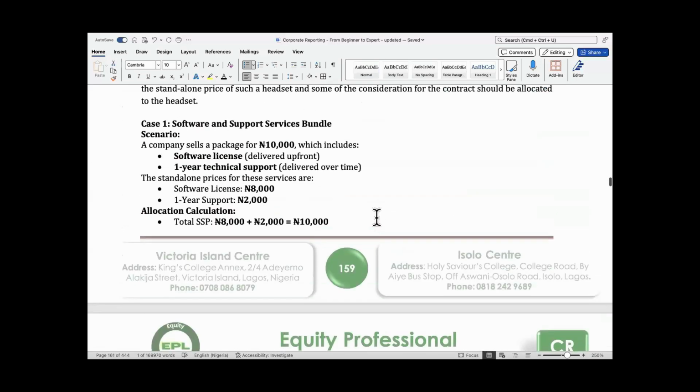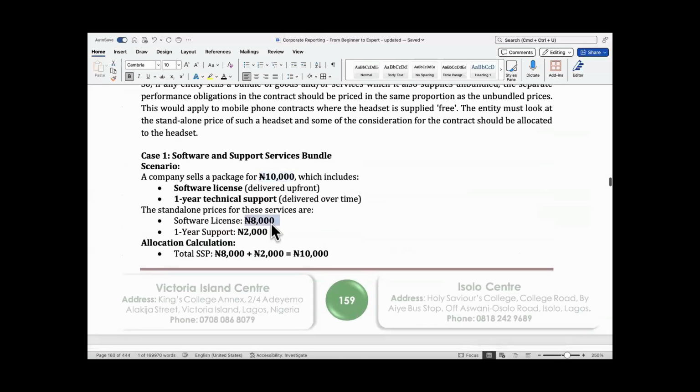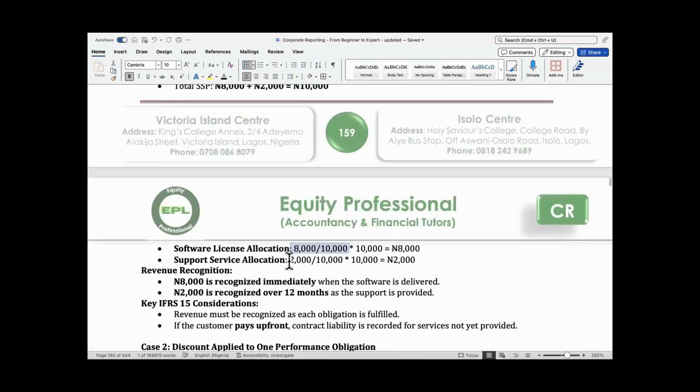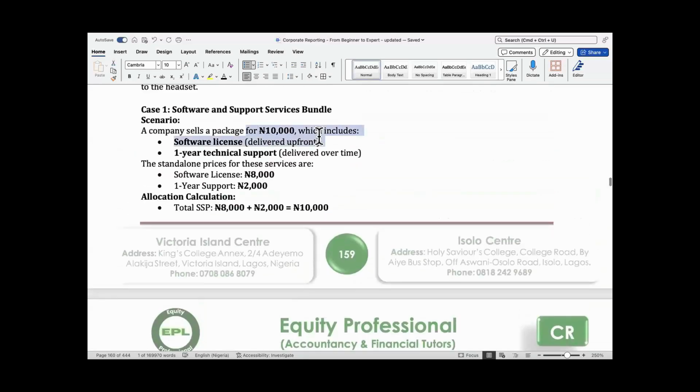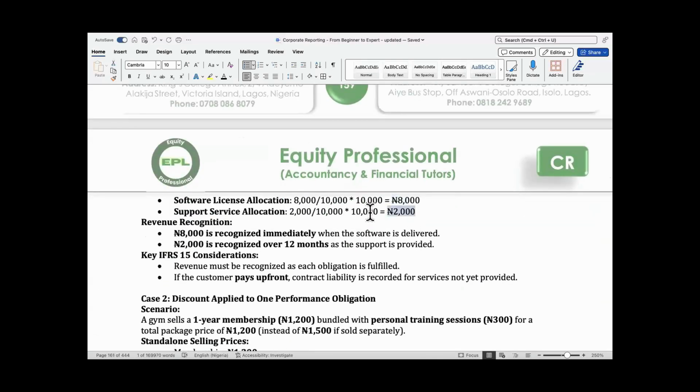Remember, the entire service was offered for 10,000. So we're able to get their standalone selling price: software 8,000, technical support 2,000. So we're going to share this 10,000 on the basis of this 8,000 and 2,000. Even without doing this proration, since they both add up to this 10,000, the ending result will still be 8,000 and 2,000.